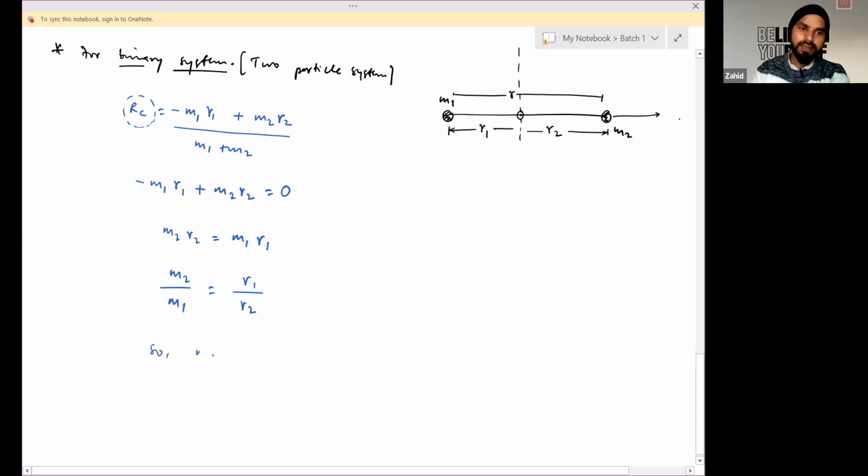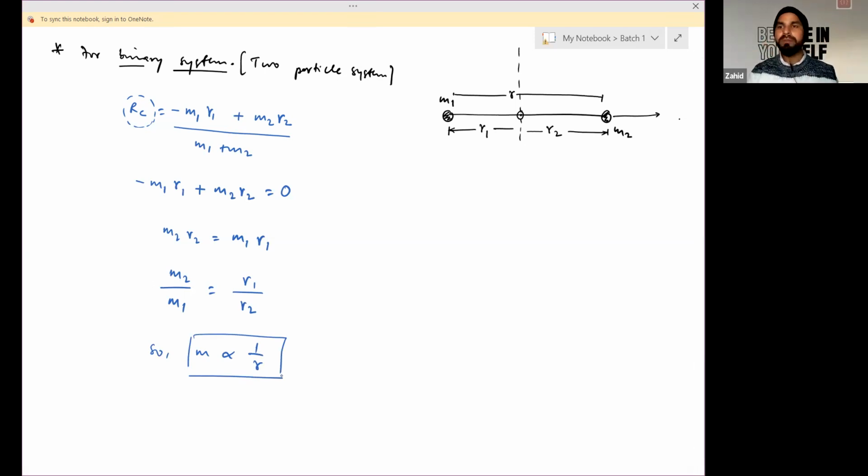So you will say mass of a body will be inversely proportional to distance from center of mass. It means the greater the mass of the body, the shorter its distance from center of mass. It means center of mass would lie towards the heavier body.